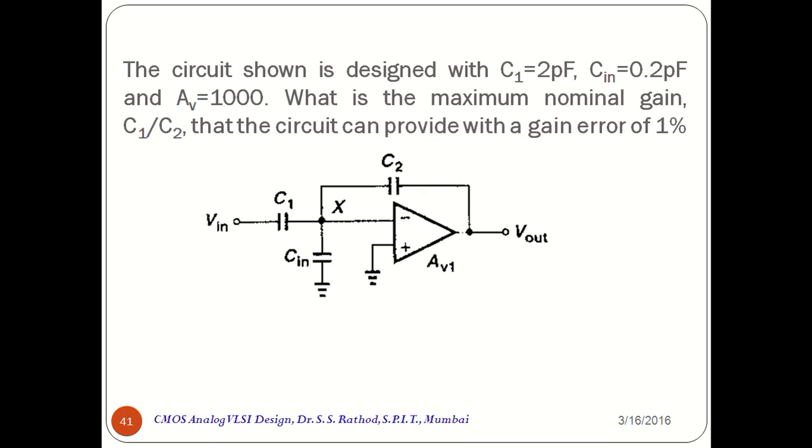So the numerical here is that for the given circuit, C1, Cin and AV are already provided. What is the maximum nominal gain C1 by C2 for which the circuit can provide a gain error of 1%?